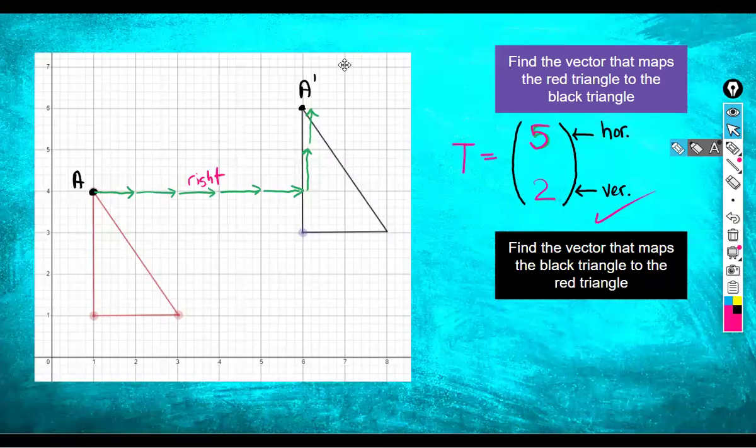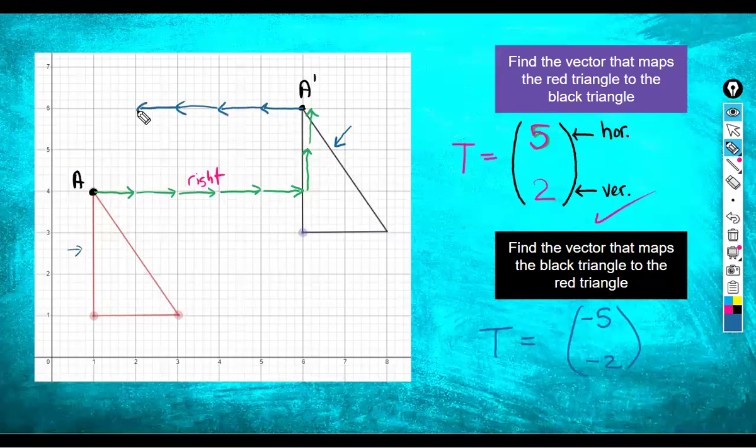If we go in the opposite way, let's say if the examiner told us this was the original triangle and the red one was the triangle after, won't the translation just be the opposite? It just makes the signs the opposite. Won't it be -5, -2? And that would make sense because look at it. To go from A prime to A, to reverse, you will have to go 1, 2, 3, 4, 5. You will have to move 5 to the left horizontally.